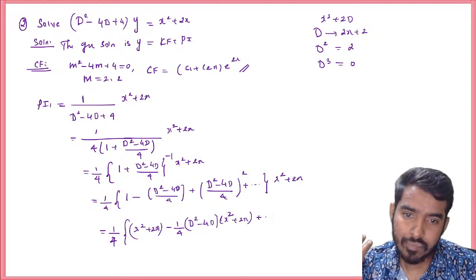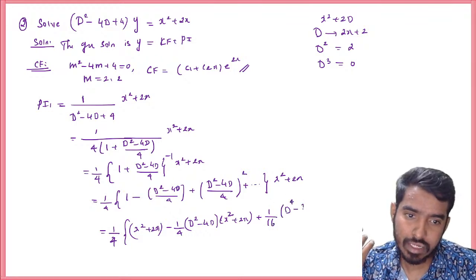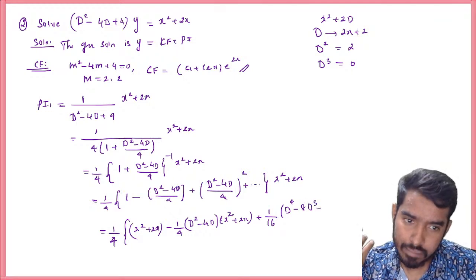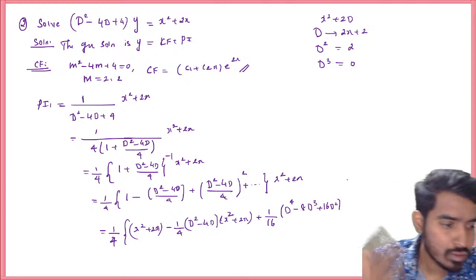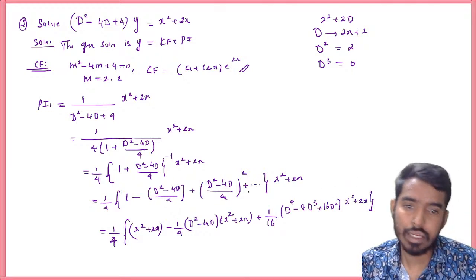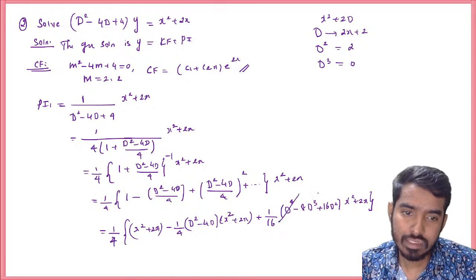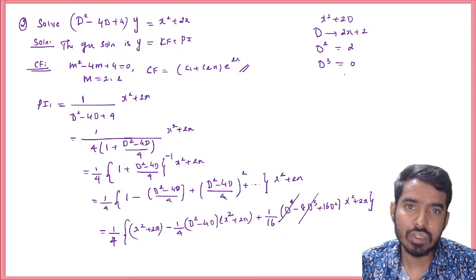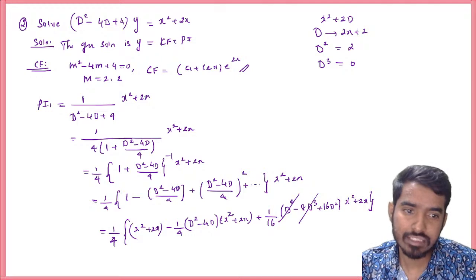So here you will be having 1 by 16, a square minus 2 times ab plus b square, of x square plus 2x, right? Now you can omit this term, because D cube is 0, D power 4 is 0. You consider only this term, right?